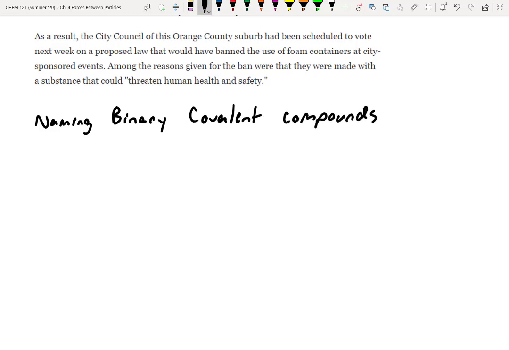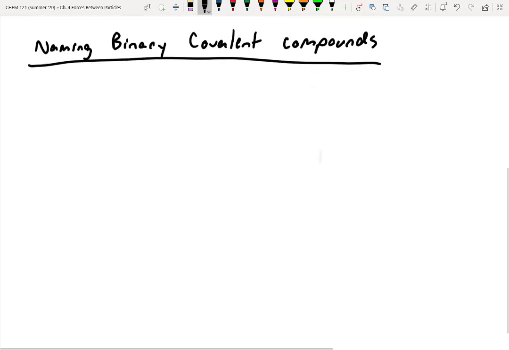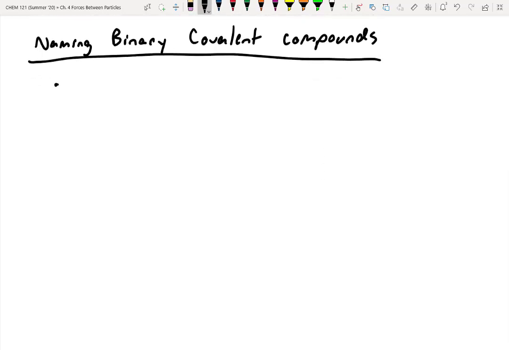All right, the rules are pretty straightforward. The first rule is that the less electronegative atom goes first. That one's always true.